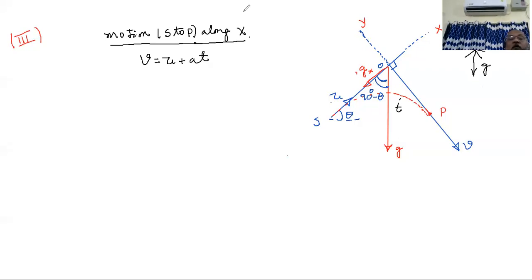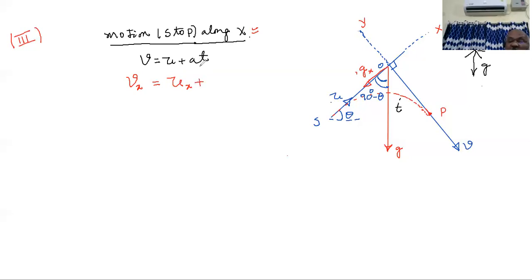But now tell me, what is the meaning of the terms in this equation? We are studying motion along the x-axis. So here V must be taken as Vx, the x component of the final velocity. Because we are studying exclusively x motion, we are not studying motion along any direction. U means Ux, the x component of the initial velocity.